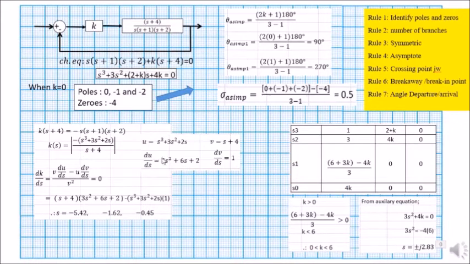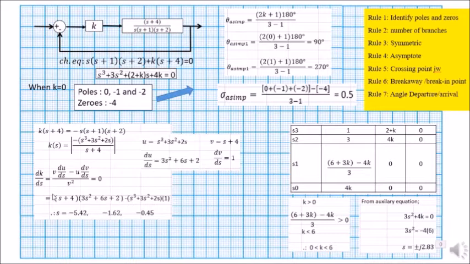After we get all these values, we put them in the formula: (s plus 4) times du over ds, minus U times dv over ds, is equal to 0. The V squared we put on the right side, and after we multiply it with 0, the value becomes 0.